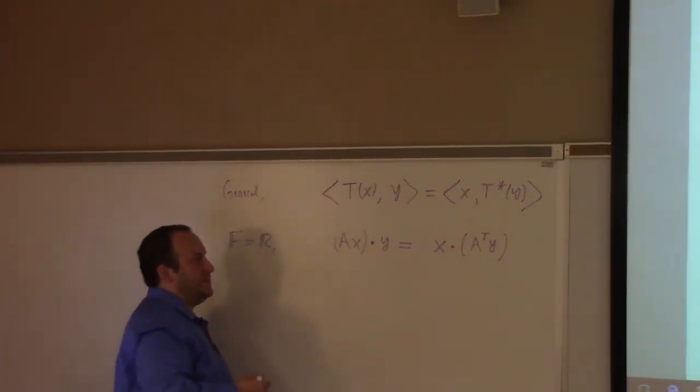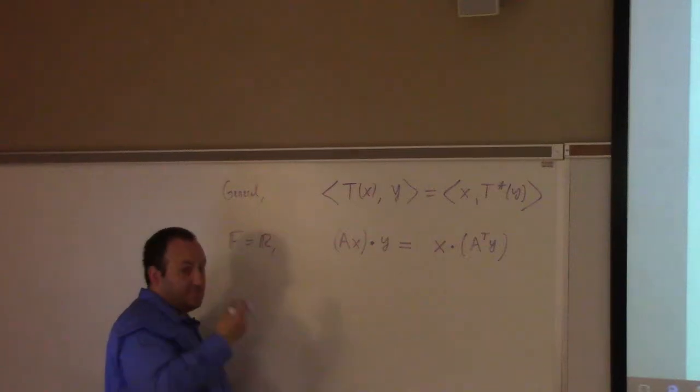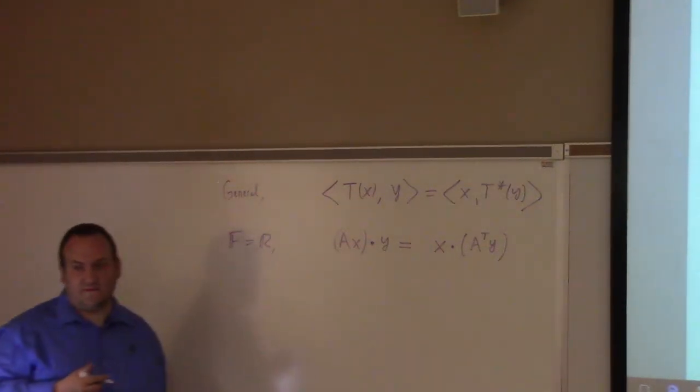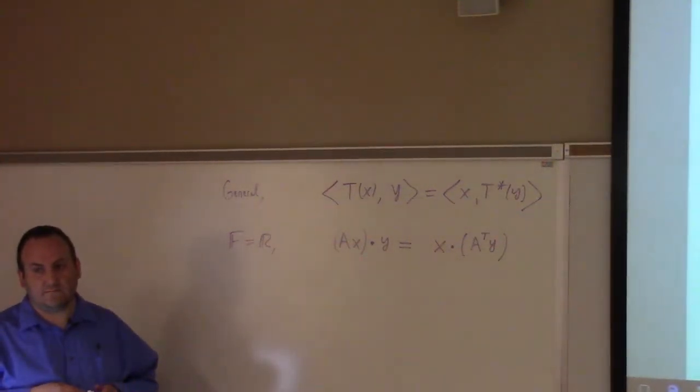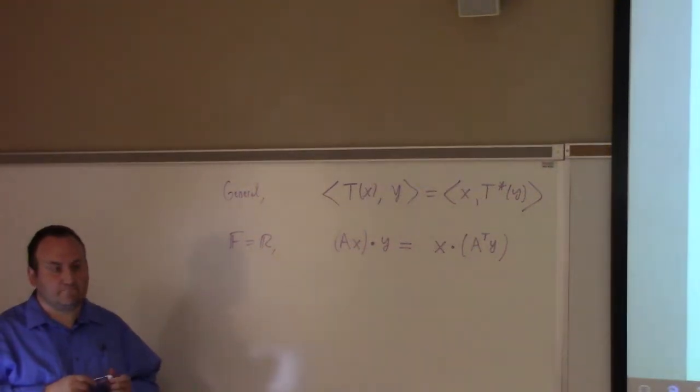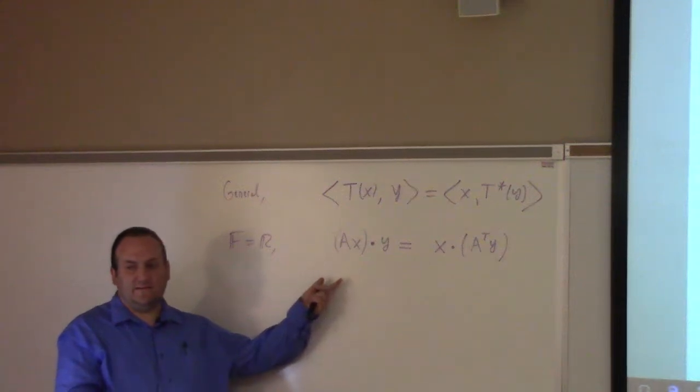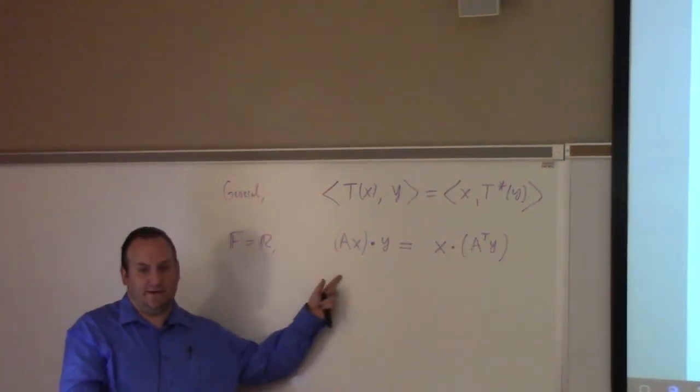So, in other words, in the real case, the transpose is the adjoint. All right. And so this is again a general identity. I'm not assuming anything about A here, except that it's an n by n matrix.